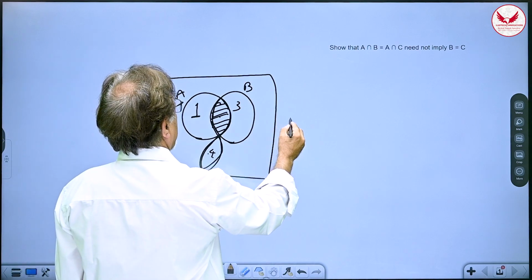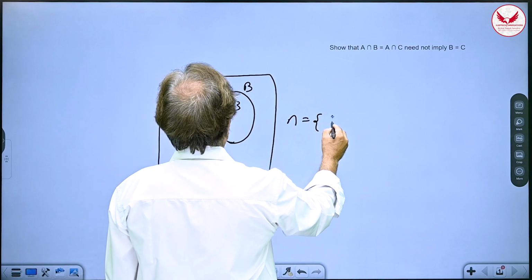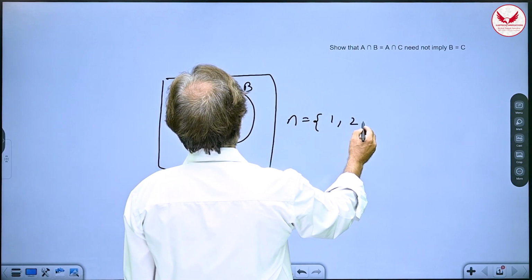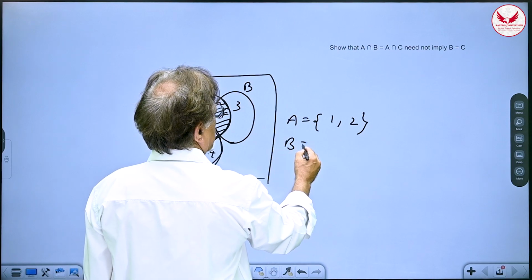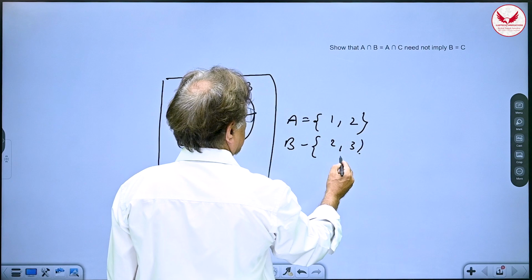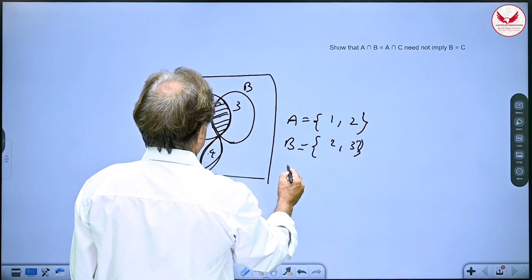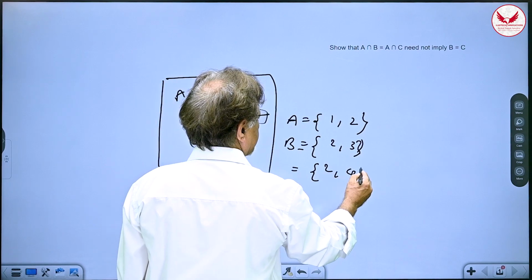Okay. So, my A is made up of what? My A is made up of 1, 2. These are the two parts. Now, B is made up of what? B is made up of 2 and 3. Correct? And C is made up of what? 2 and 4.